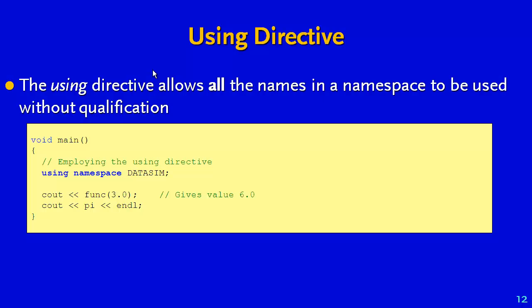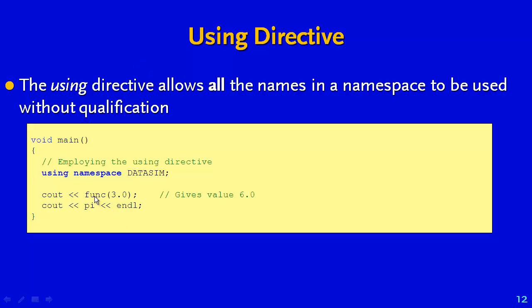The next option is like a global big bang option, you might say, using directive. The using directive allows us to use all the names in the namespace, all the variables, functions, without qualification. So you get everything. So here I'm using datasim namespace again. So it's a global directive using namespace datasim. You get everything.